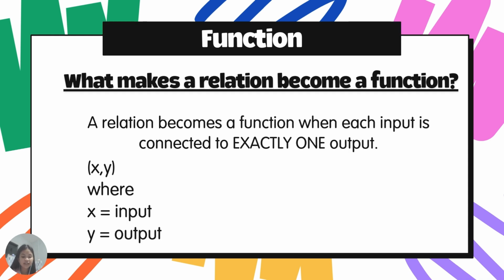Now, let's answer that question by defining what a function really is and how it differs from any ordinary relation. In an ordered pair, X is the input and Y is the output. Think about this: a student rides two buses at the same time. Is it possible? No. So that's not a function.